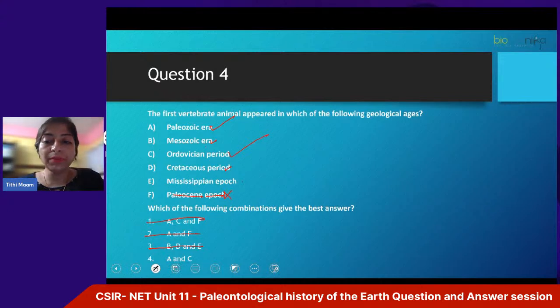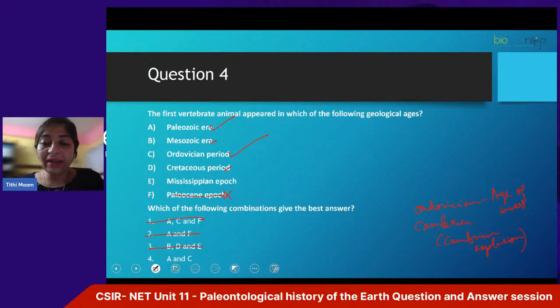So if you remember Cambrian, which is the first period of the Paleozoic era, what happened during the Cambrian period? The Cambrian explosion, because of which there was a huge increase in the diversity and variety of invertebrates. The next period, Ordovician, is called the age of invertebrates because the invertebrates became the most important species.